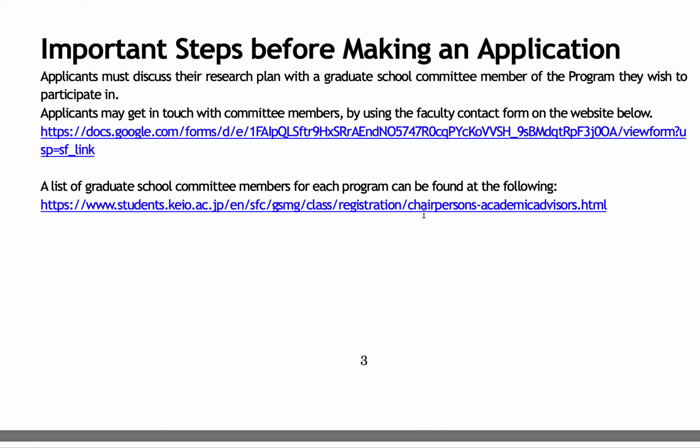So you don't need to find a thesis advisor if you don't want to write a thesis. But in Keio, you should definitely write a thesis for your graduation. So you have to find a thesis advisor before you enter Keio University.